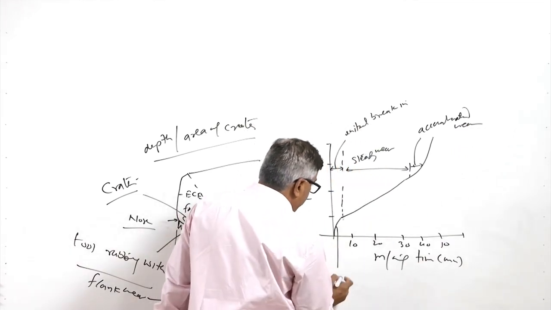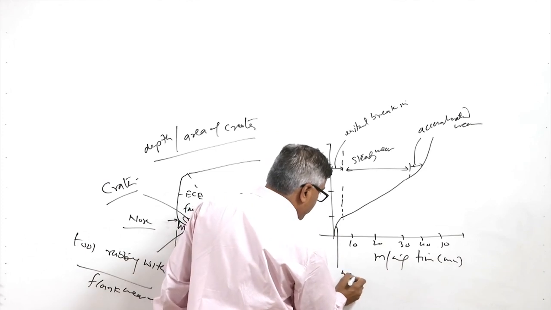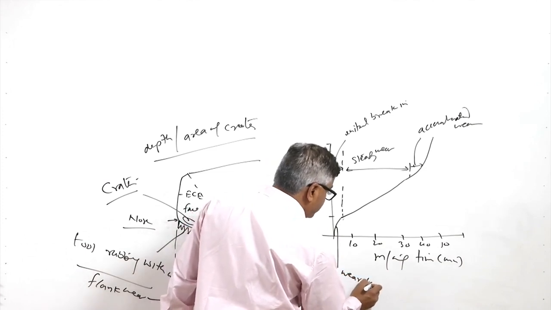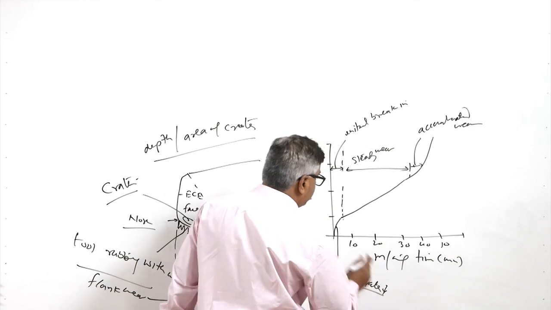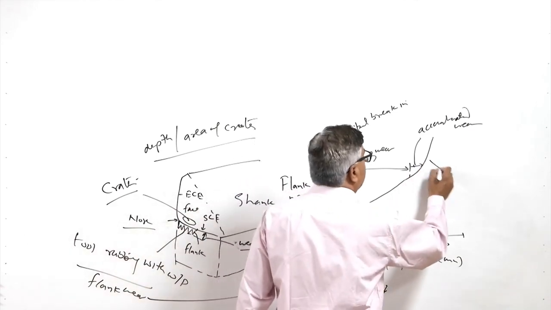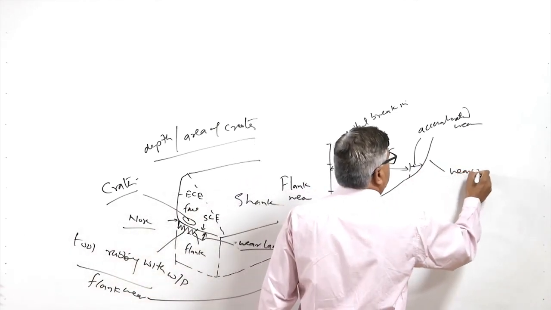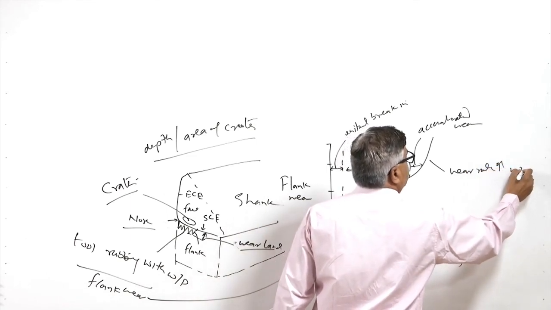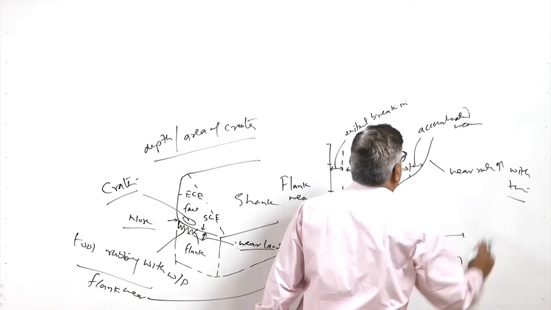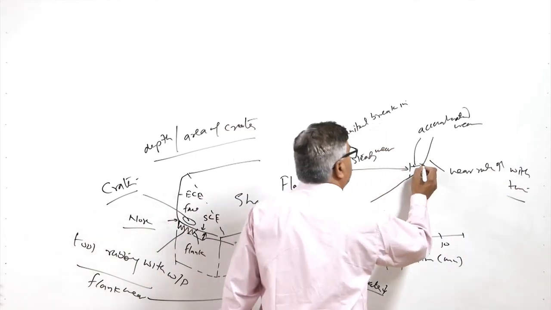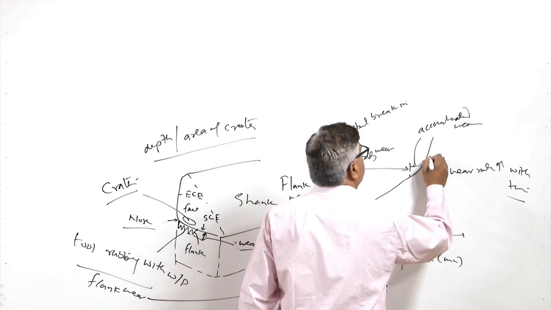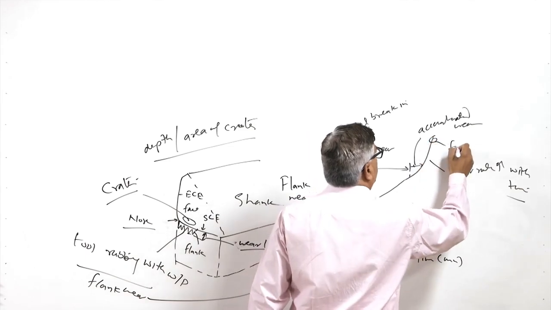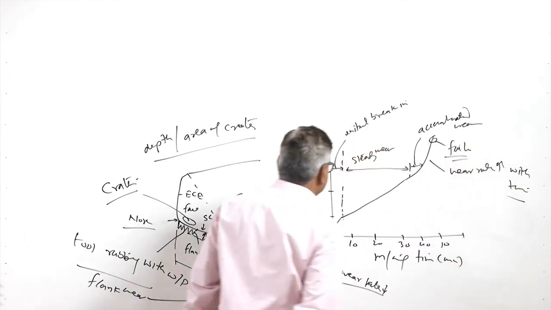So here the wear rate actually decreases as a function of the machining time, and here the wear rate increases with the machining time. Thereafter, the failure of the tool will occur. So here the tool fails.